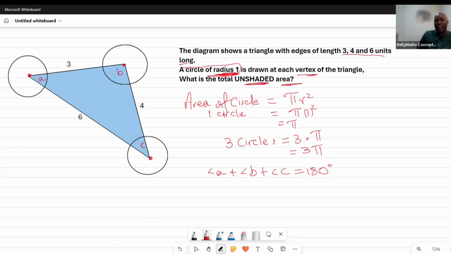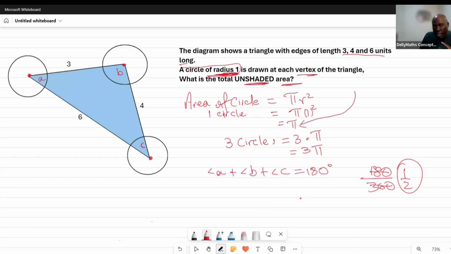So here's the idea. This means that if you put together those, the total degree that we're looking at is 180 degrees. Now, how does that compare to one circle? It's 180 degrees out of 360 degrees, which would technically make this a half of a circle. So we're looking at the fact that the area of the sectors created at A, B, and C is actually a half of one of those circles, and one circle has an area of pi.